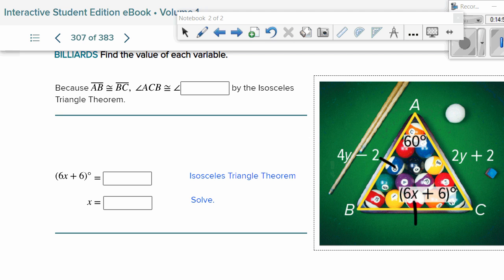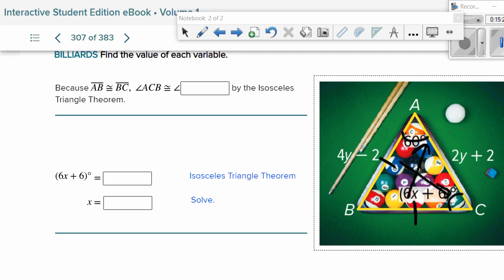I can't really solve that the way it is, but if they're going to be equal, then angle ACB is going to be equal to this angle down here, the base angles thing.